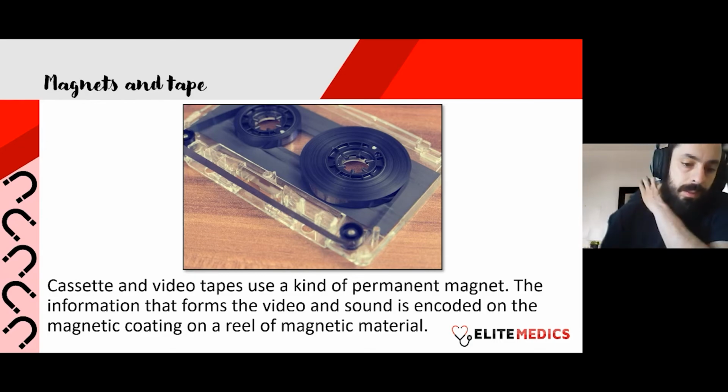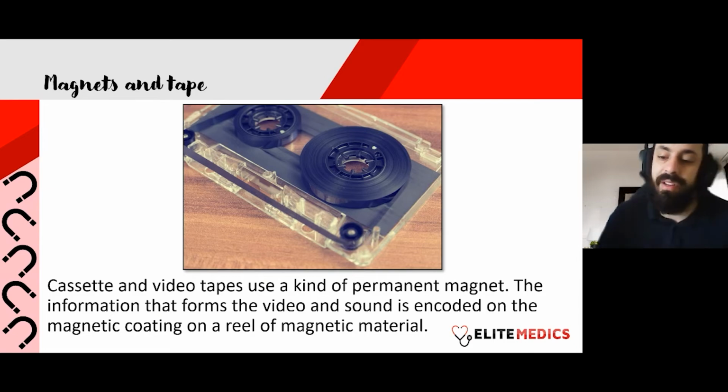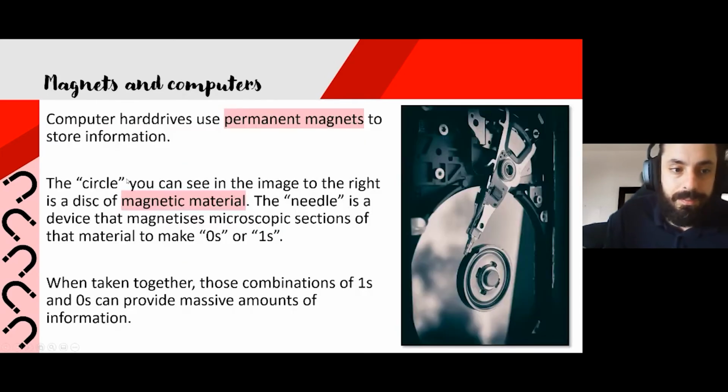Okay, so they use kind of a permanent magnet, and then the video and sound is encoded in the magnetic coating of that reel. Then you can just put it into a radio cassette or a VHS video player, and you'll be able to see your films or listen to music. Something a little bit old school for you guys.